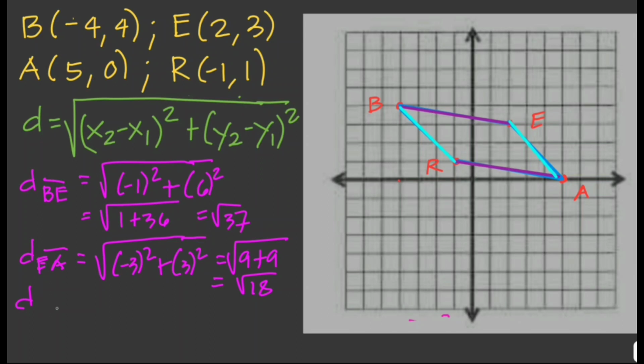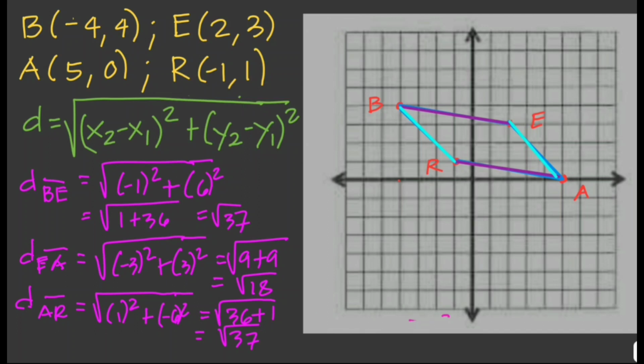And then the distance from point A to R, so that is the square root of 1 minus 0, which is 1 squared, plus negative 1 minus 5, that is negative 6 squared. So this is just equal to the square root of 36 plus 1, or square root of 37.